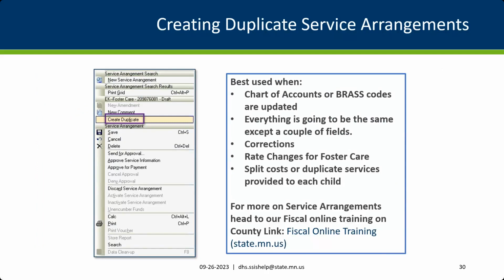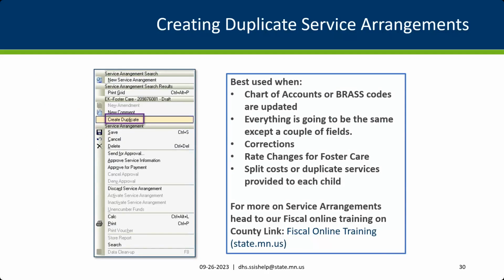Most individuals will have the option to create a duplicate service arrangement once a service arrangement is created in SSIS. Under the service arrangement action menu, you will see the option to create duplicate. The create duplicate feature copies information from an existing service arrangement to a new service arrangement.